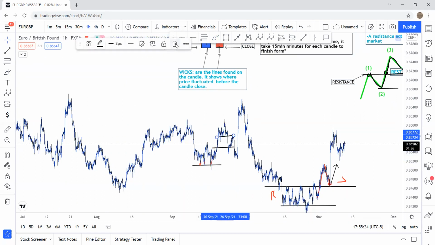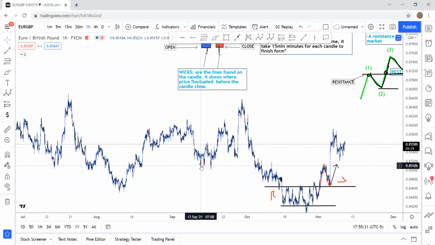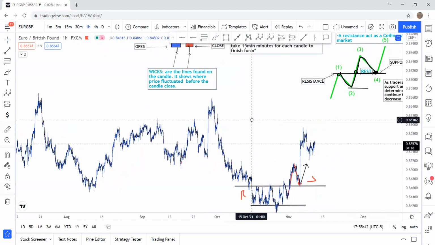Now, what is the difference? There's not much difference. Supply and demand are support and resistance. But I would say that supply and demand are the overall swing lows and swing highs within the market, as opposed to support and resistance.